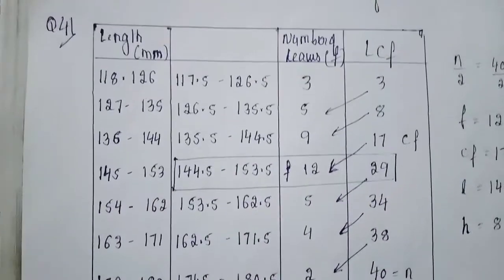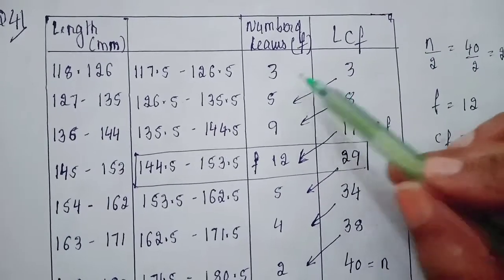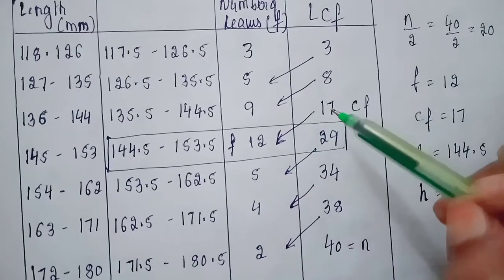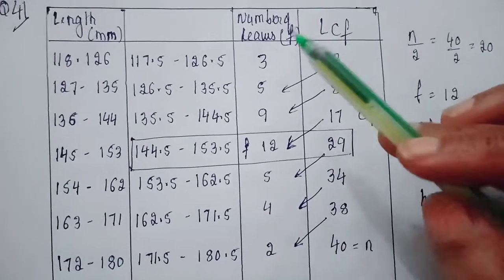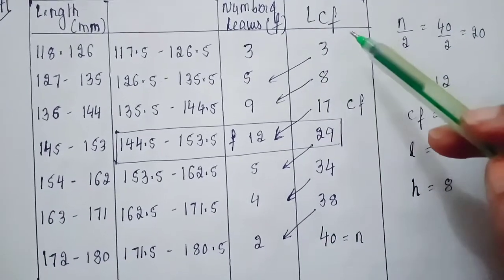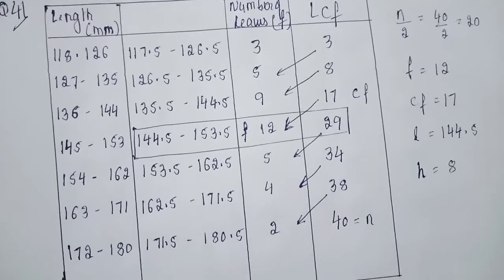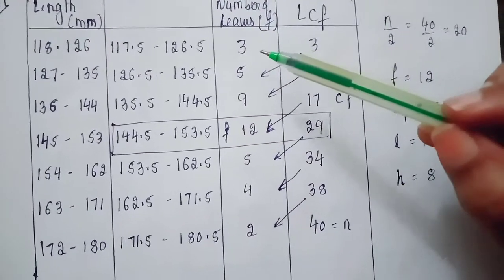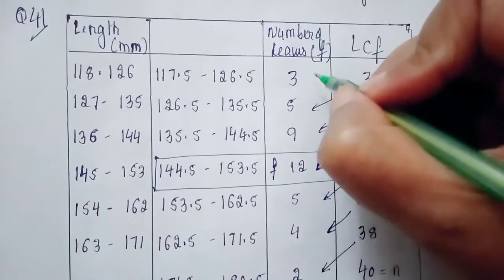Here you can see F is given, so we found LCF by adding: 3 as it is, 3 plus 5, 8, 8 plus 9, 17, 17 plus 12. This is the pattern when F is given and you are going to find LCF. Remember very carefully, median concept, little confusion. So remember all these tips. When frequency is given, to find LCF, you need to add. You have to remember add.